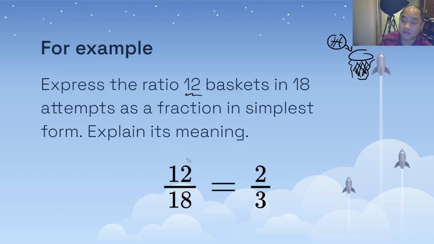So if I'm going to write that as a fraction, I would write it as 12 to 18. And if I'm going to simplify that, I would just divide both numbers by the greatest common factor, which in this case is 6, and it would give me 2 to 3. So what does that mean? It means that for every 3 shots that I take, I make 2 of them, or I make 2/3 of my shots.